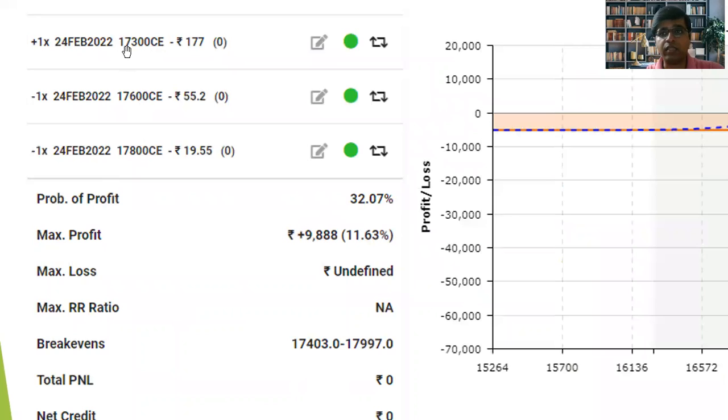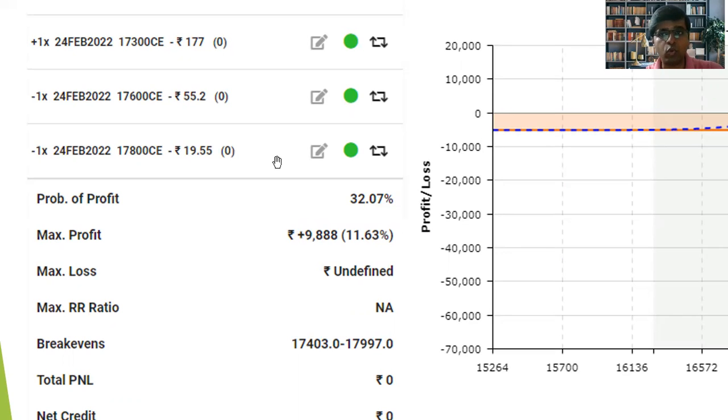You can see, in the case of the call ratio spread, we have seen the person has bought the 17,300 strike price option of the Nifty for the Feb contract and sold two lots of the 17,600 strike of the Feb contract, whereas in this case the person has sold only one lot of the 17,600 strike and he has sold another lot of the 17,800 strike. So in this case, the cost of the strategy will be a bit expensive as compared to the call ratio spread, but his risk could also be slightly better.